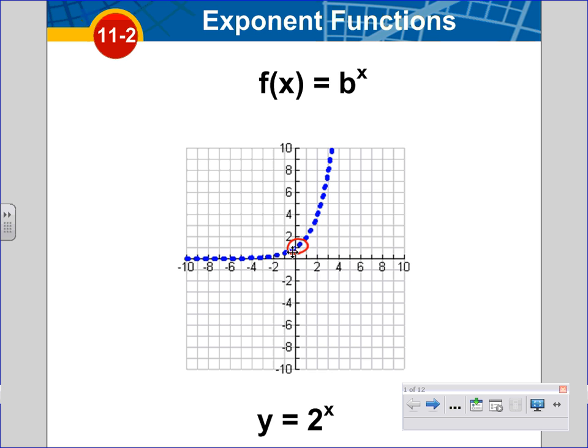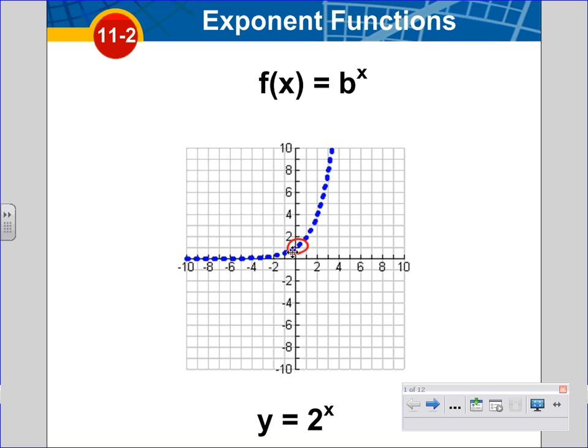So we've always had a parent function that we base things off of, and then our graph grows from there. It either translates, slides up, slides down, reflects something. All that stuff is going to happen in this situation as well. But our parent function we're going to use as a base 2. The curve of this thing obviously will change depending on what that base is.